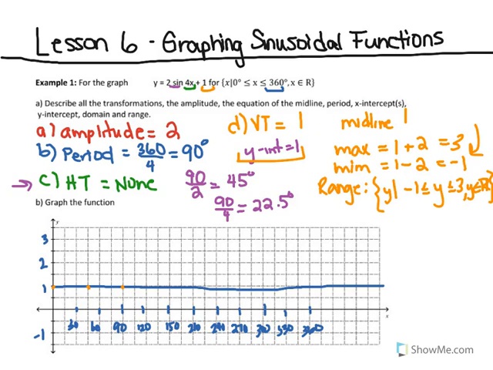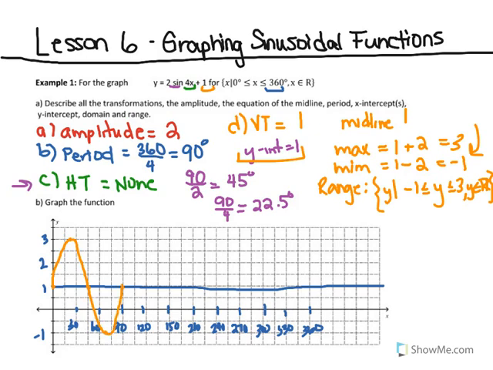And now our minimum and our maximum will be at 22.5, which is halfway between this line. And they're at 3 and negative 1. So there's our first bump of our sine function. So it's going to look like this.